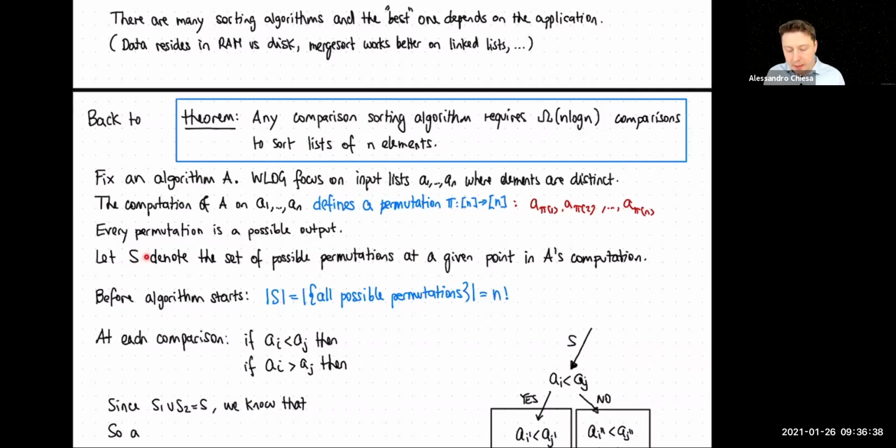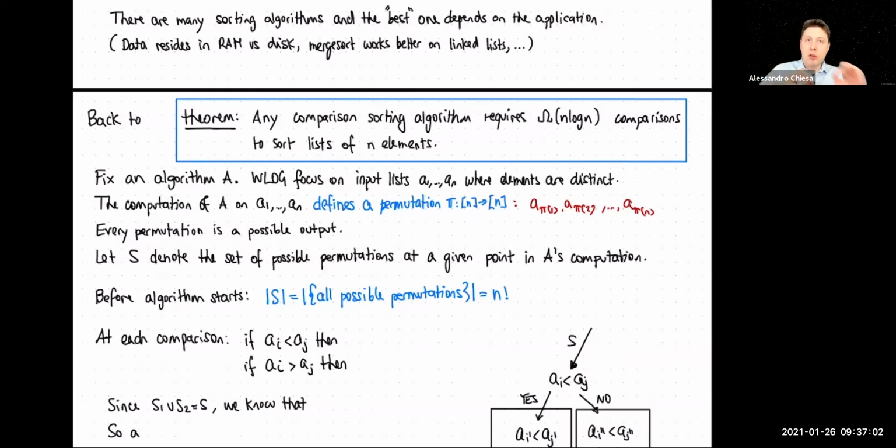Now, let's focus on some abstract quantity, a set S, that will denote the possible permutations at a certain point in time in the algorithm, right? So you can imagine the algorithm, we press play, and before the algorithm starts, the possible permutations could be anything, right? The algorithm hasn't done any work.